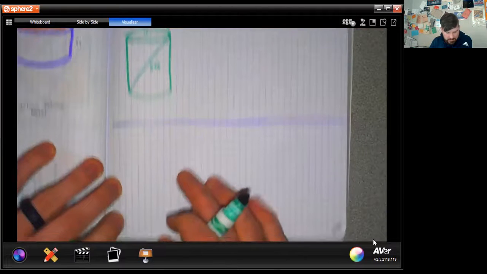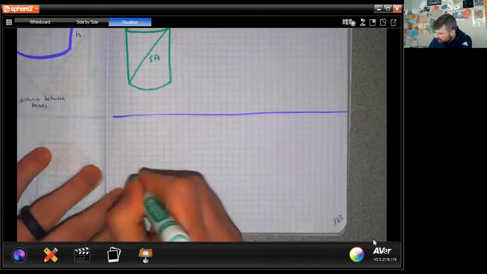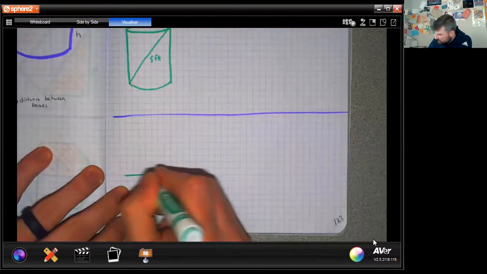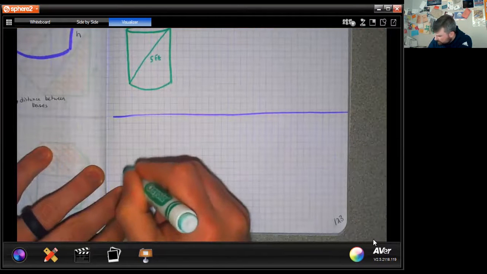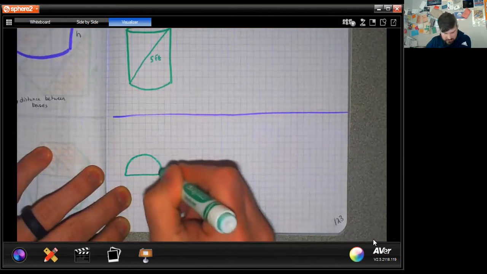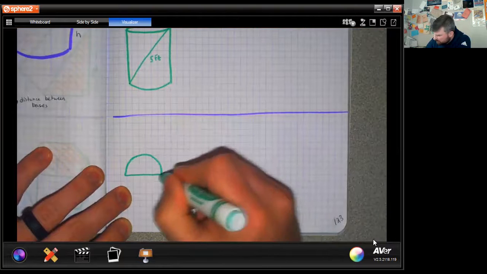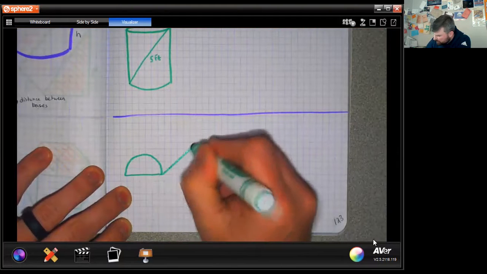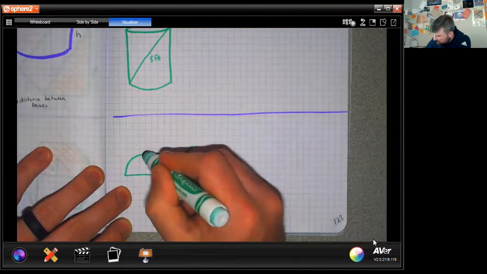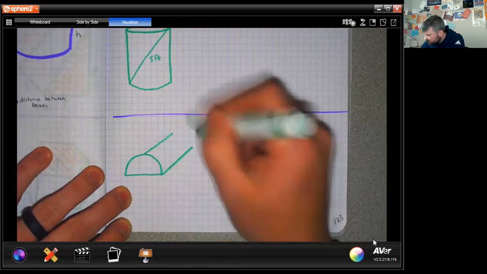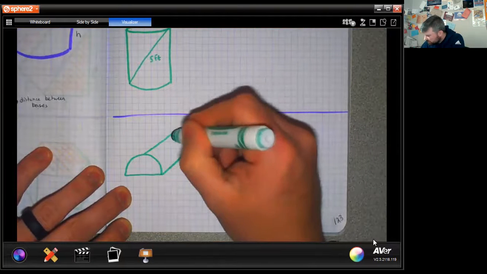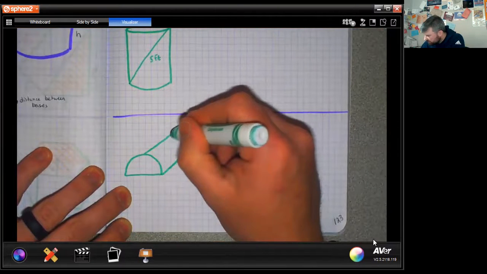And then this one's a bit tricky to draw. I have a half circle there. We're going to draw this up here, and we'll draw this there as well. Maybe a little bit longer.